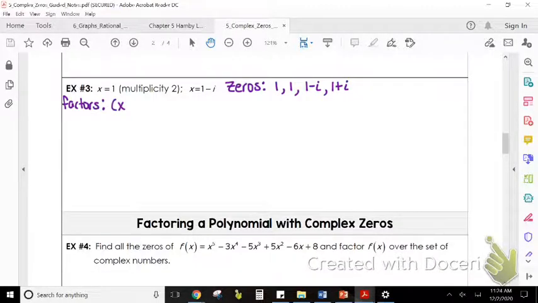The 1 is going to give me x minus 1, and then I'm going to have x minus 1 for the second one. The third one, the 1 minus i, is going to give me x minus 1 plus i. And then the last one, the 1 plus i, is going to give me x minus 1 minus i.